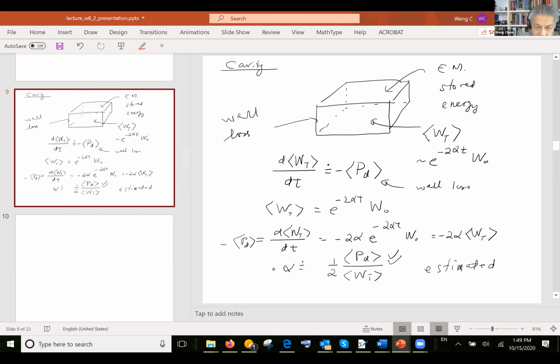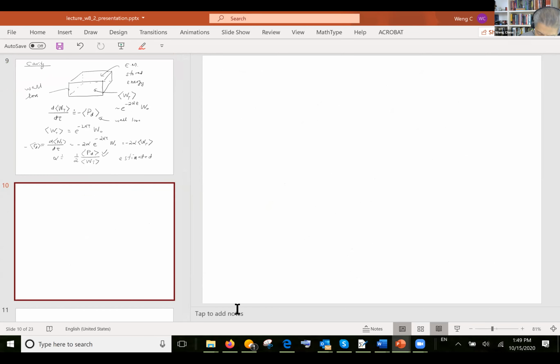You can also now use this way to define Q. Since Q was defined to be omega over 2 alpha previously, we have a new formula for 2 alpha, and now you have Q equal to omega W(t) over P_D.